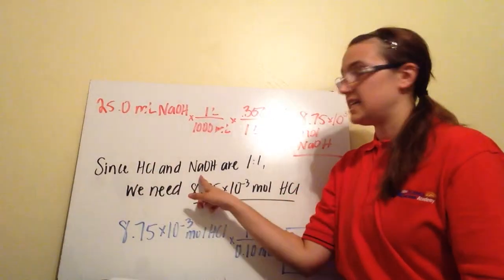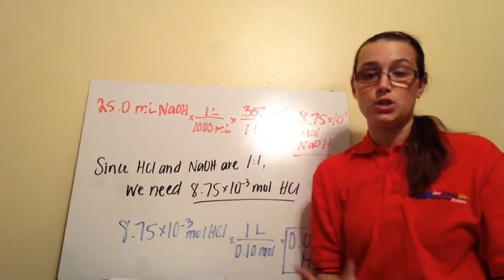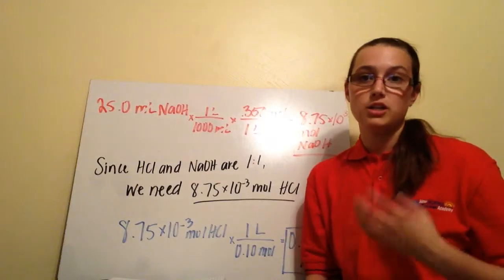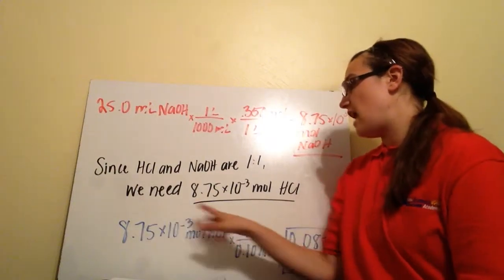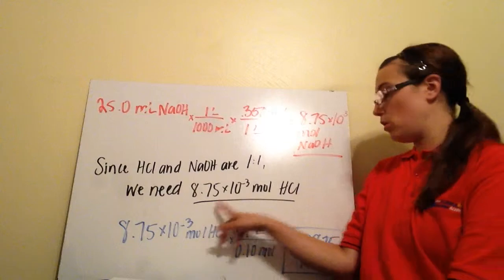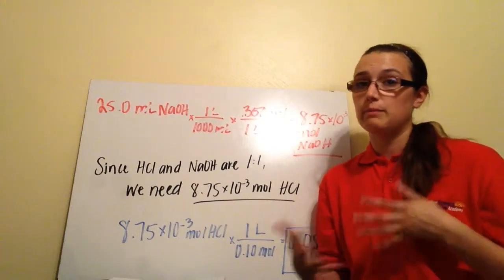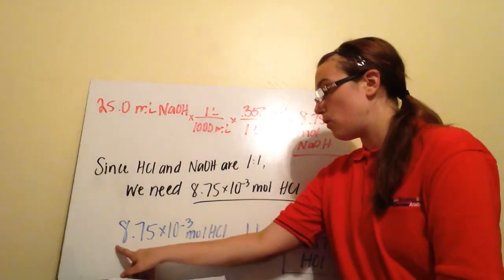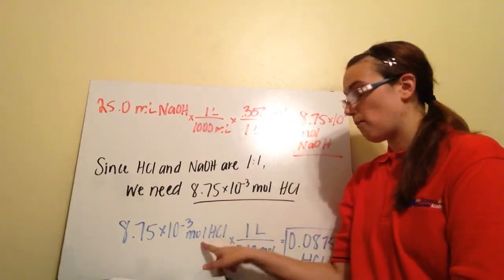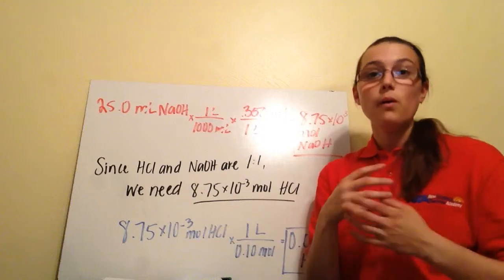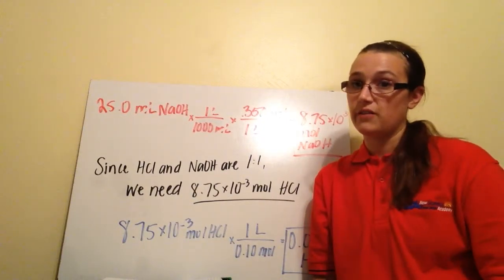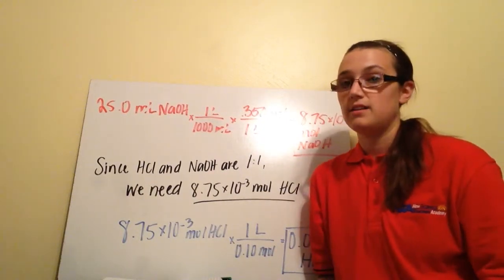Since hydrochloric acid and sodium hydroxide are 1-to-1, from the balanced equation, that means we need the same number of moles of hydrochloric acid for this to be a complete neutralization. So we can take our moles of HCl, we know our concentration of HCl from the given problem, and we can find volume.